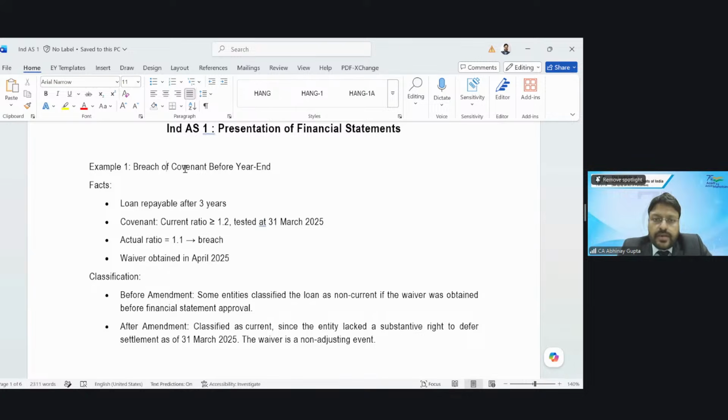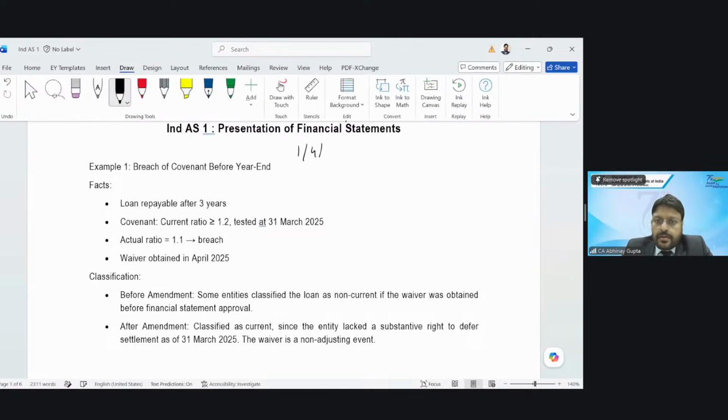Do you agree with this fact? Now the standard says that if such covenant is breached, right? Suppose we are preparing the financial statement, say for 1st of April 25 to 31st March 26, right? So this is the financial year for which the financial statements are being prepared.